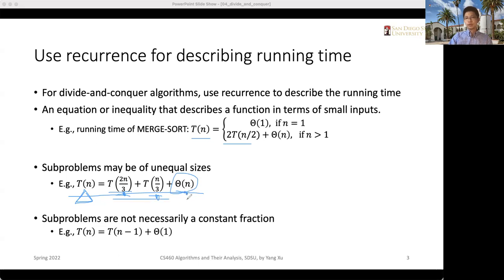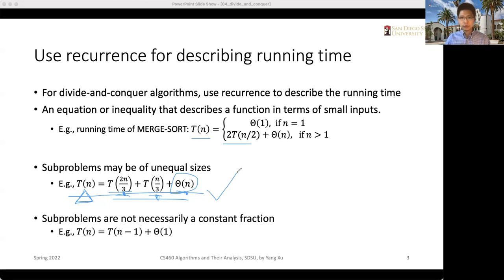Okay, so we don't know what the specific problem is, but it's possible that we can divide the problems into unequal sizes, right? Depending on what prior knowledge we know about the inputs, right?